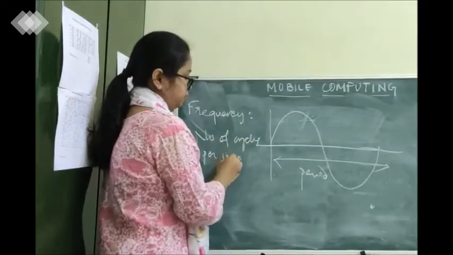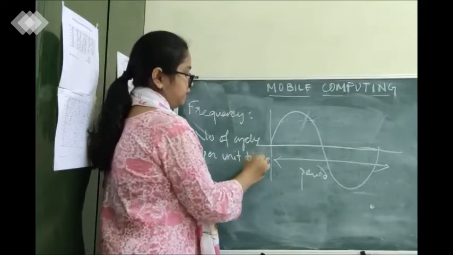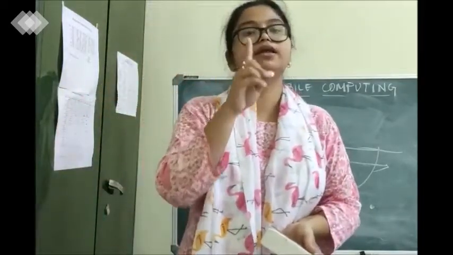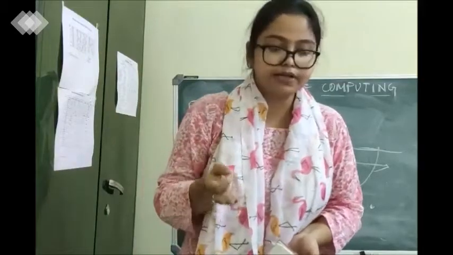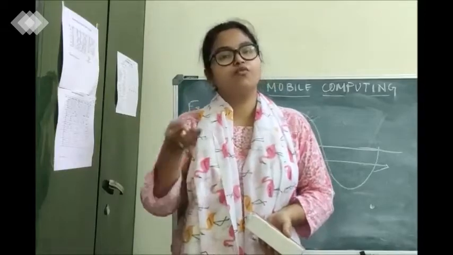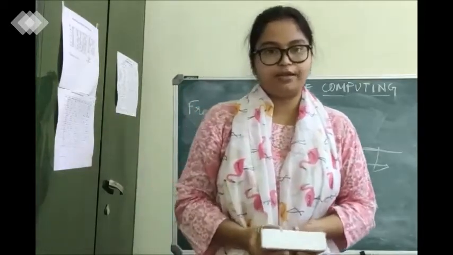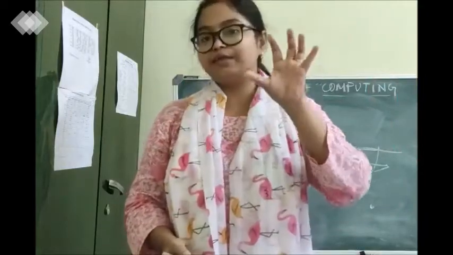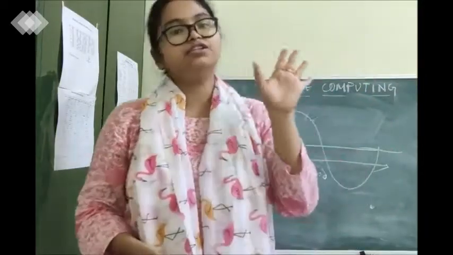That is, how many cycles the wave completes in 1 unit of time. You can define 1 unit as 1 minute, 1 second, or 1 hour, whatever you may feel like. But how many cycles are completed in that period of time is defined by its frequency.